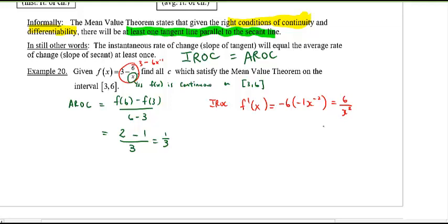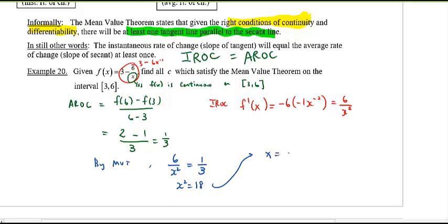And what am I saying now? The mean value theorem says that AROC equals IROC. So by the mean value theorem, we know that IROC, that's 6 over x squared, equals AROC, which is 1/3. We will have to solve for x. I will cross multiply and get x squared equals 18.